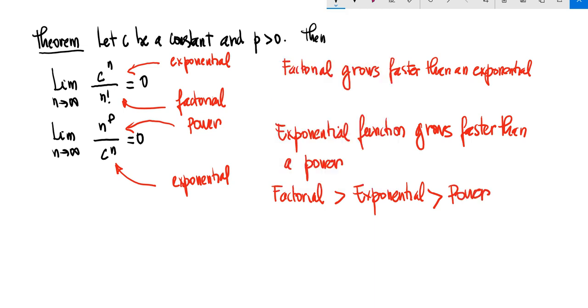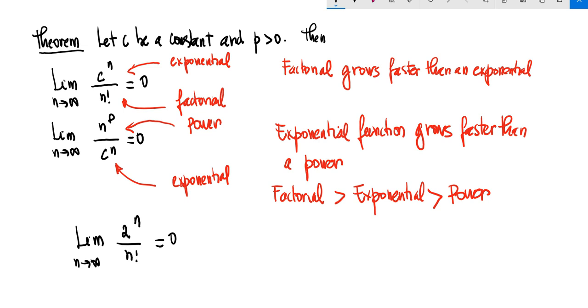As an illustration, if given the sequence, let's say 2 power n over n factorial as n is approaching infinity, one can conclude that this must be 0 because the numerator is an exponential and the denominator is a factorial.